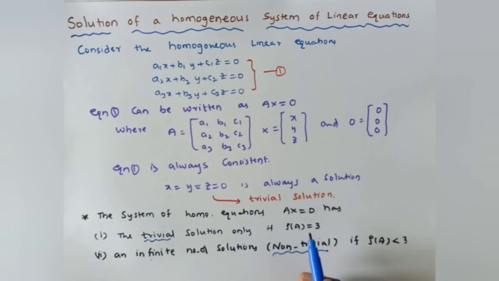The system has a trivial solution if rank of A is 3, and the system has an infinite number of solutions, or non-trivial, if the rank is less than 3.